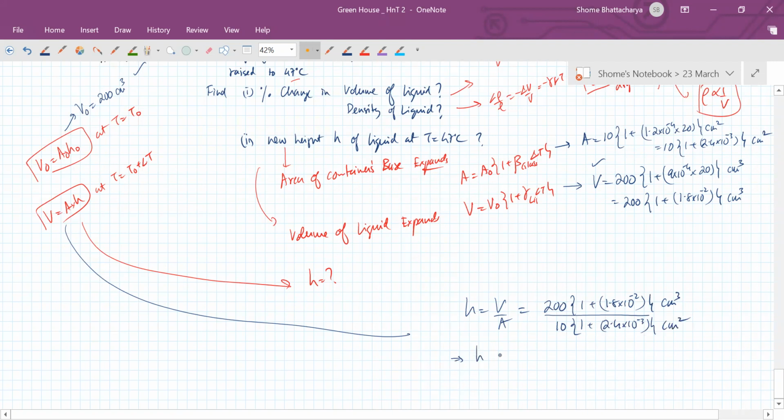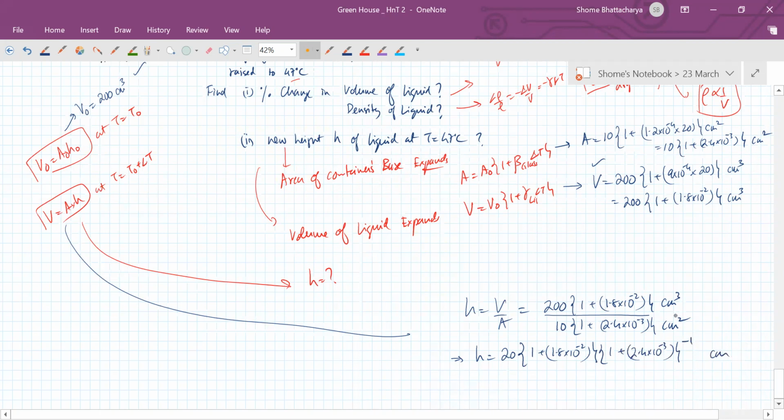So you can see that this new height will be 20. Now we can bring this factor of 1 plus 2.4 into 10 raised to the power minus 3 to the numerator by putting the power minus 1, and the unit will become centimeters.